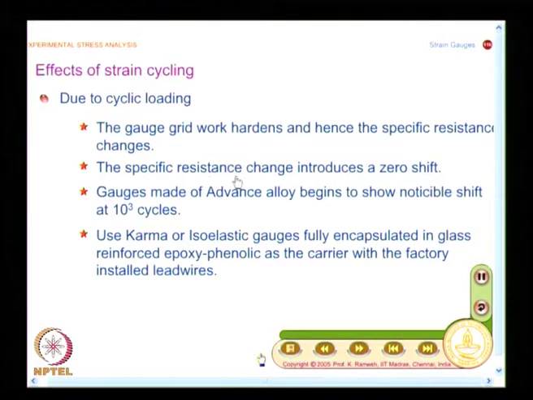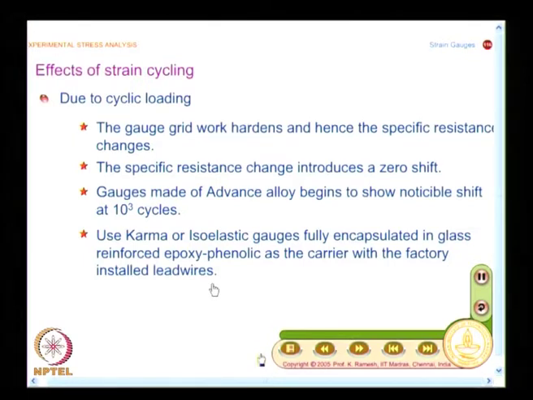When the specific resistance changes, it introduces a zero drift. So, if you use the advanced alloy, it begins to show noticeable shift at 1000 cycles. So, if you want to go for cyclic loading, go for Karma or isoelastic gauges fully encapsulated in glass reinforced epoxy phenolic as the carrier with the factory installed lead wires.